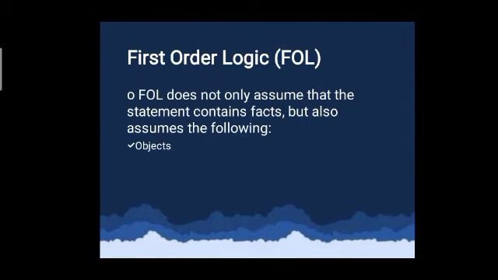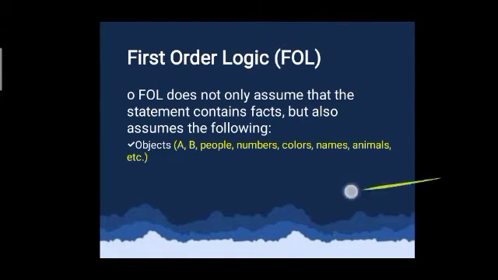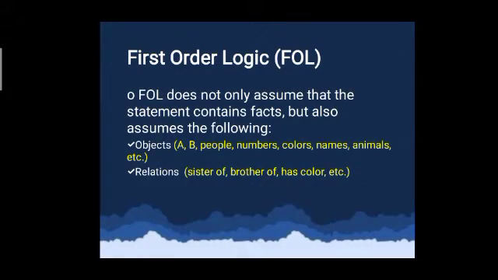Objects are the terms or subjects like cat, dog, house, John, etc. These all come under objects. And next is the relationship among those objects, such as sister of, brother of, house color, etc.